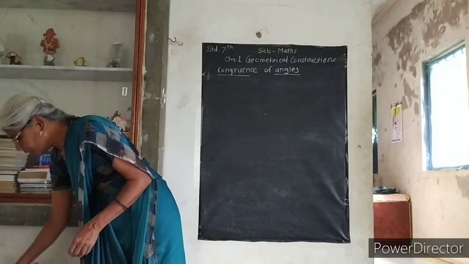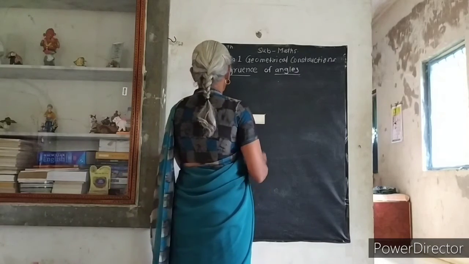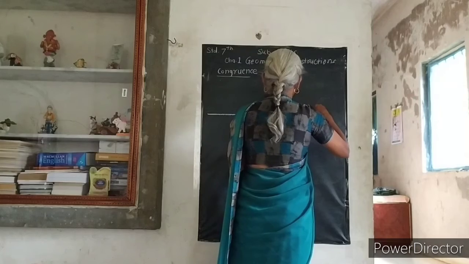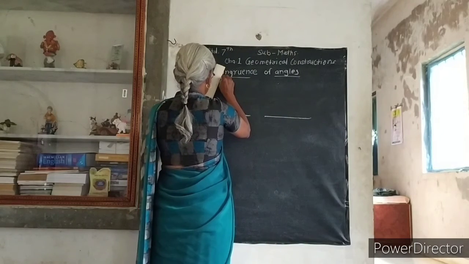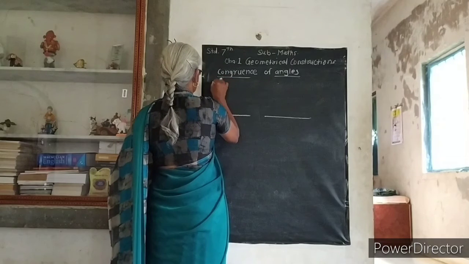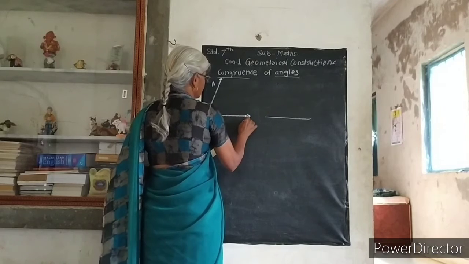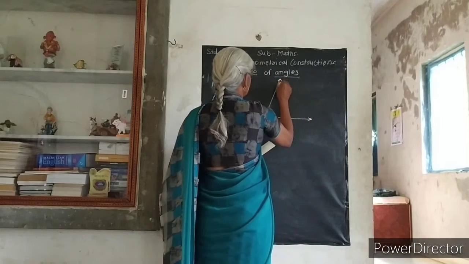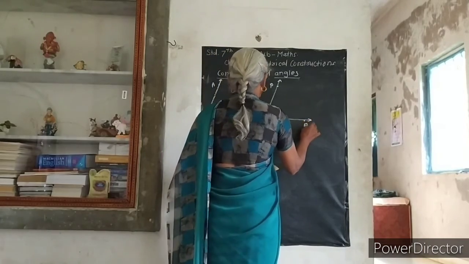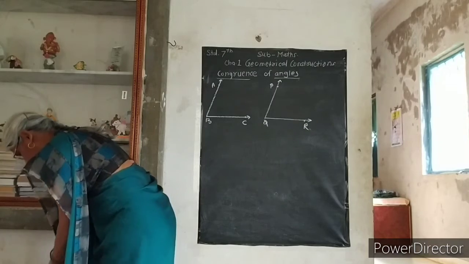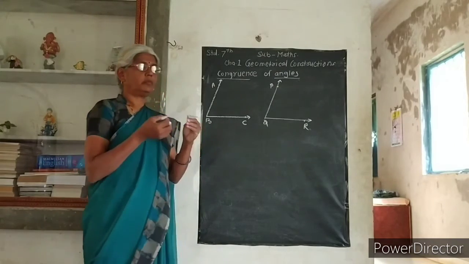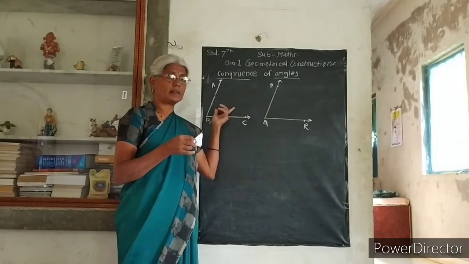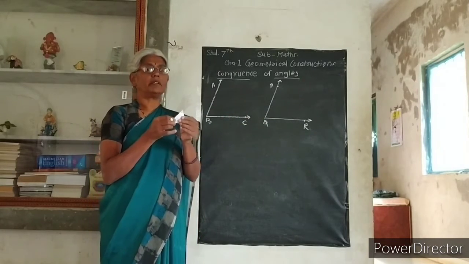Then we draw two angles on the blackboard, and we see that if we place these two angles on each other, they both coincide with each other.